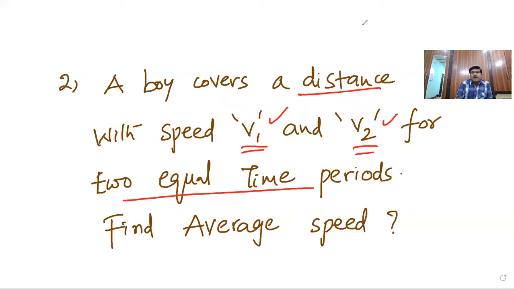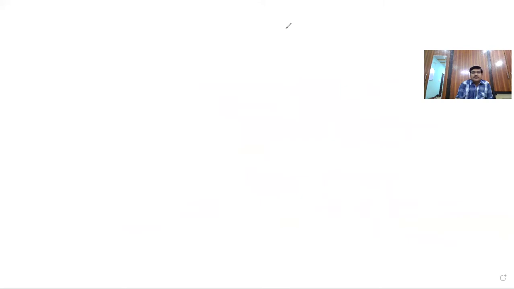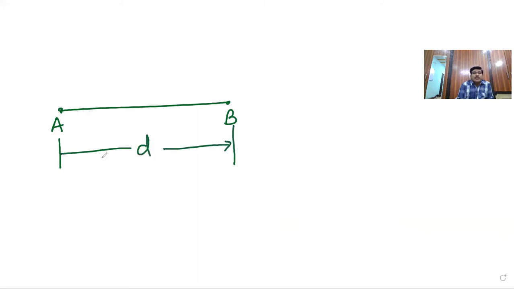Okay, now let us solve this. Observe. This is the distance AB. Let us say the total distance is assumed as D. Some portion D1, because he has not given clearly how much distance, is covered with a speed of V1.